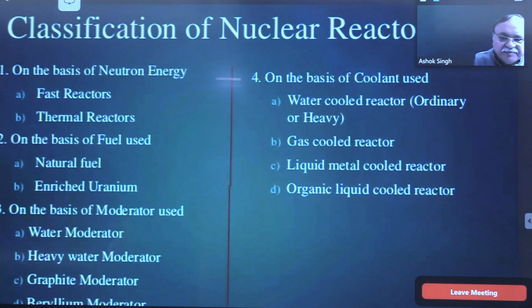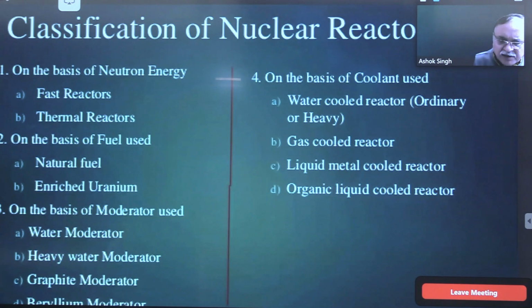Now, nuclear reactors, which are used for generating nuclear energy, are classified in different ways. As far as we are concerned, what are the most important classifications? If you look at the slide, one is on the basis of neutron energy.